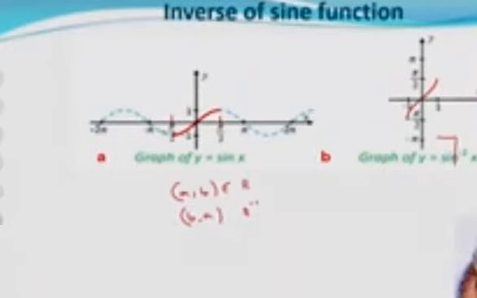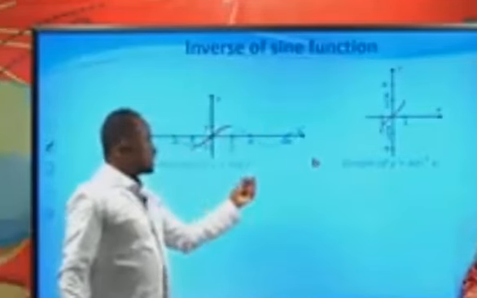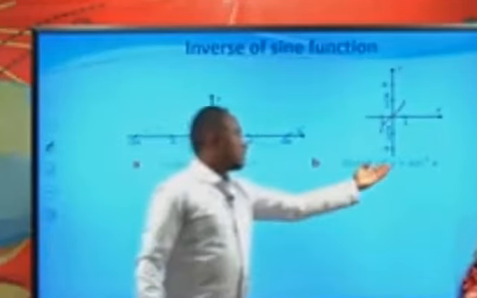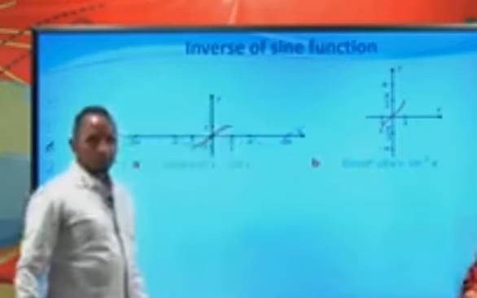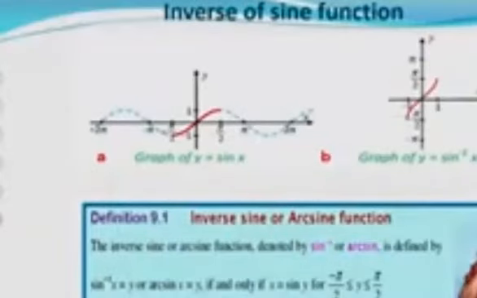Drawing the graph, the inverse of the sine function graph is this one, and the inverse of sine is written in this form. If y is equal to sine x, its inverse is denoted by y is equal to sine inverse of x. This is the inverse sine or arc sine function.